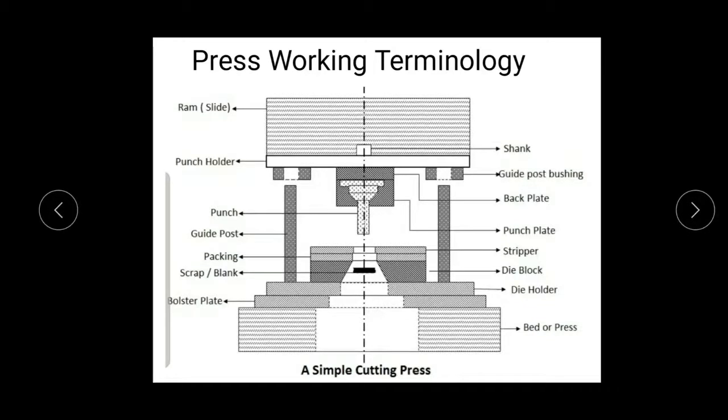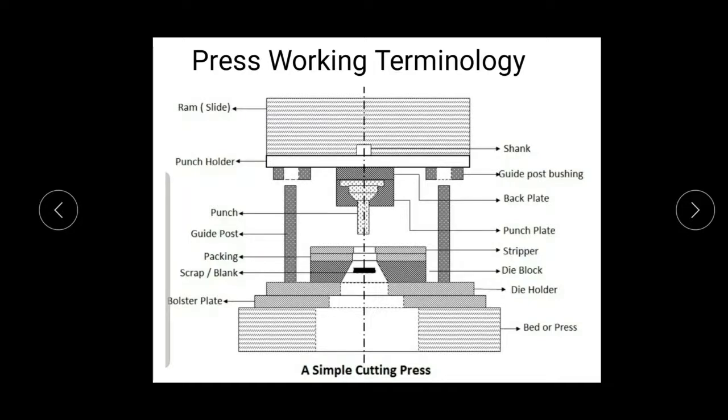It is the distance of ram movement from its up position to its down position, which is called stroke. It is generally constant for mechanical presses but variable for hydraulic presses. So these are some important components you can find in any press tool.